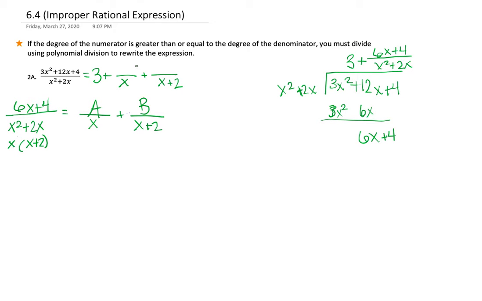I'll just fill in my A and fill in my B. So I will start with my numerator here, set equal to A, which will need to be multiplied by x plus 2. And my B will just need to be multiplied by x.